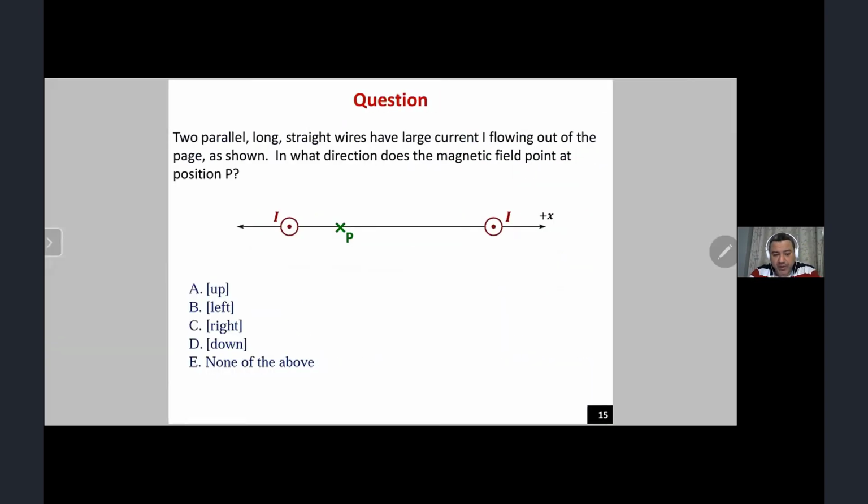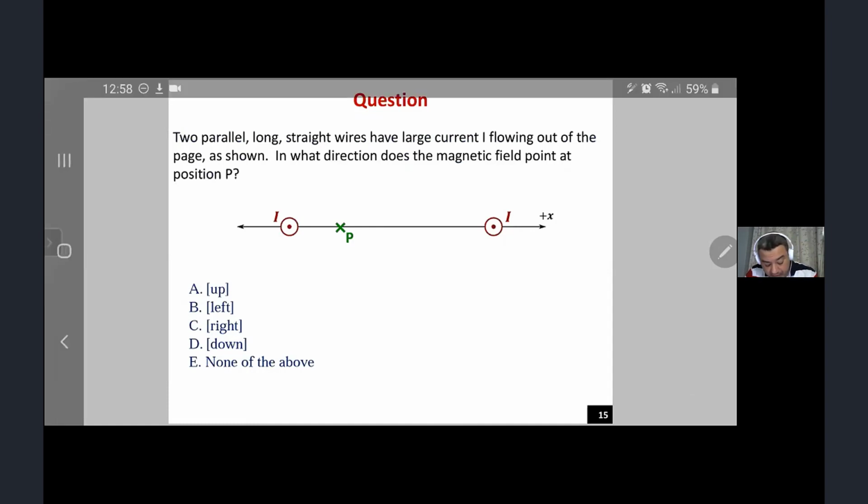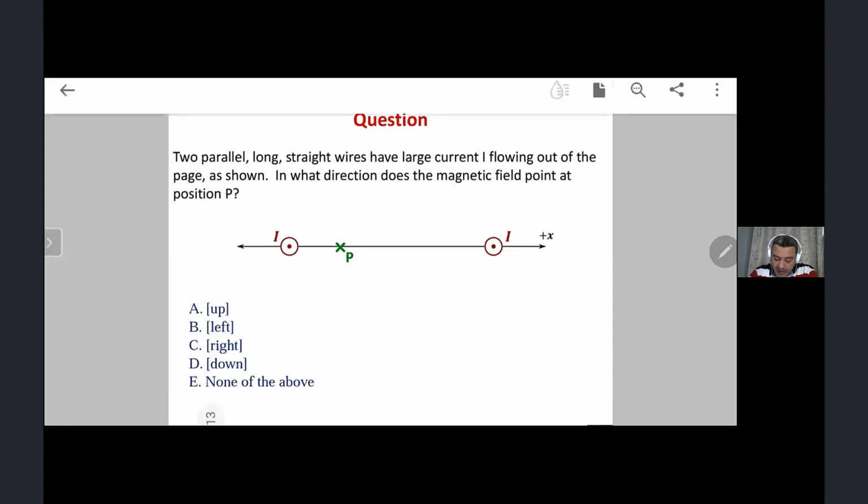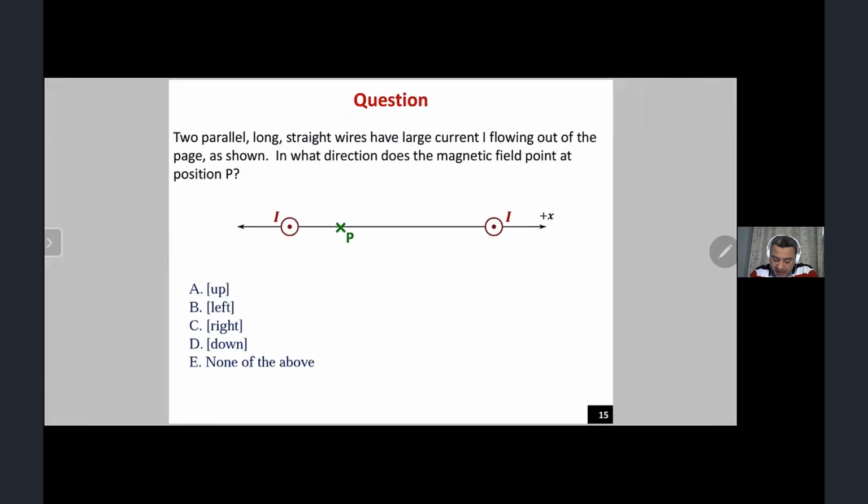Now let's move to this question. In this question, as you can see here, we have two wires that are parallel, and they are all in the same direction.